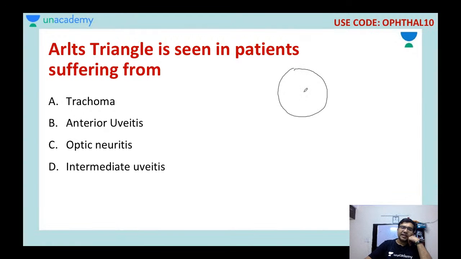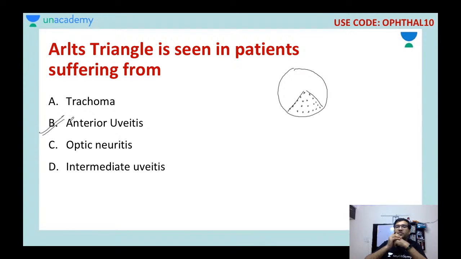In Arlt's triangle, we have the keratic precipitates which are deposited in the back of the cornea around the endothelium. Okay, so these keratic precipitates form a triangle. This is basically called Arlt's triangle, which is basically seen in anterior uveitis.